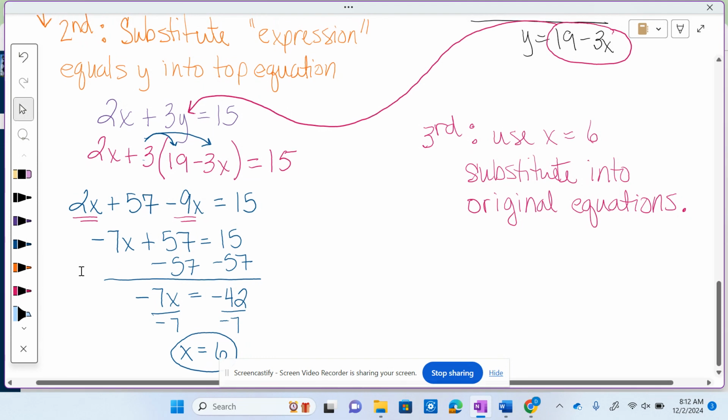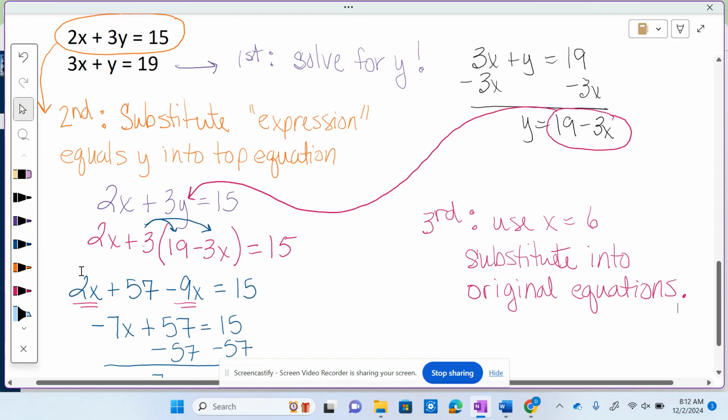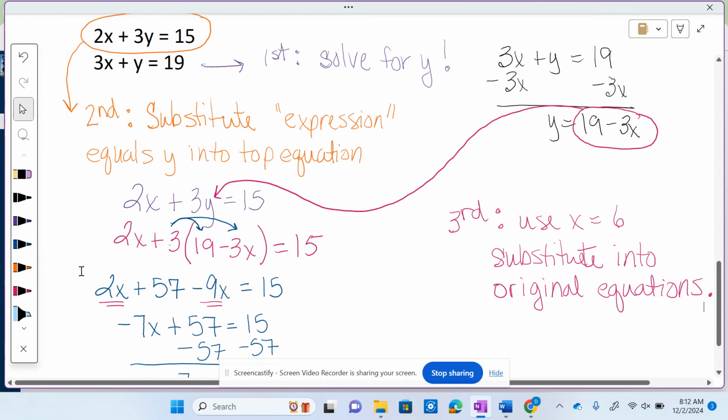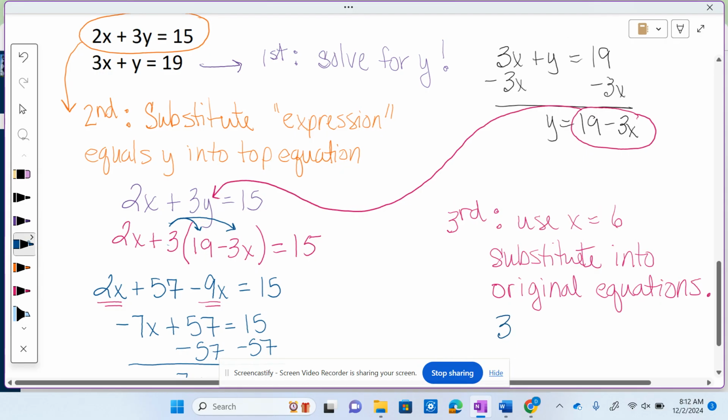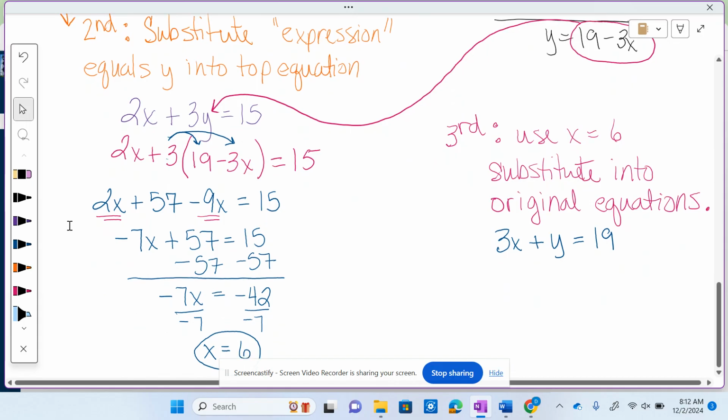We do that in case you make a mistake when you're manipulating. So do you want to use the top equation, equation number 1, or the bottom one, equation number 2? Equation 2. So we're going to use the equation 3x plus y equals 19. But we know that x equals what? x equals 6.